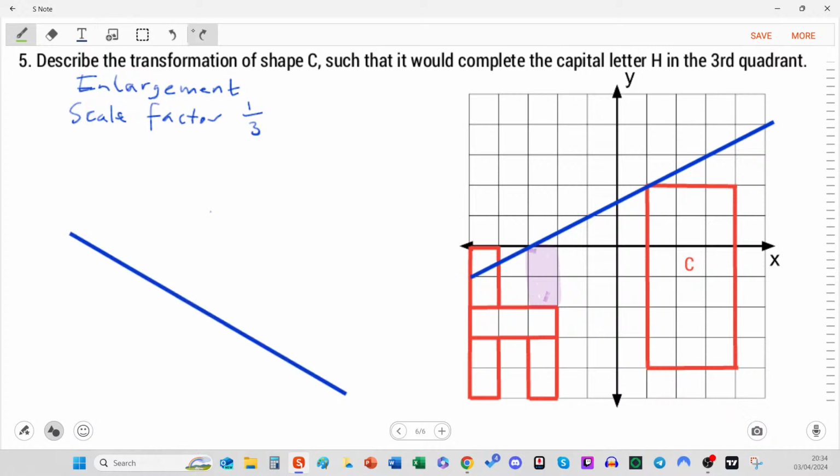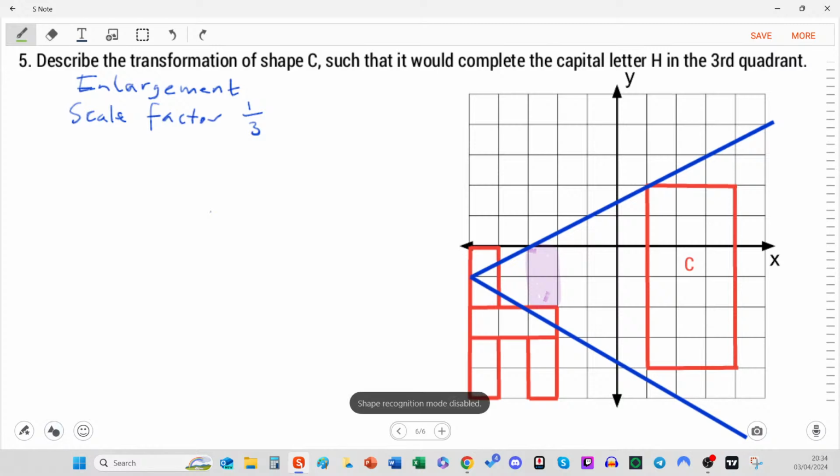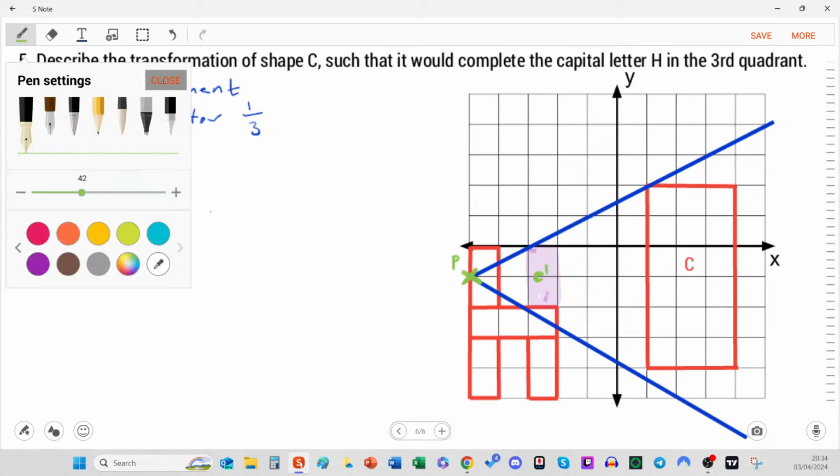So let's just pencil that in. We'll call that point P. And I'll get rid of the other lines. Actually, I'll leave them on there because it's kind of useful. That's one tactic. This is therefore called C prime if we want to be thorough. And our last bit of information is to describe the transformation.